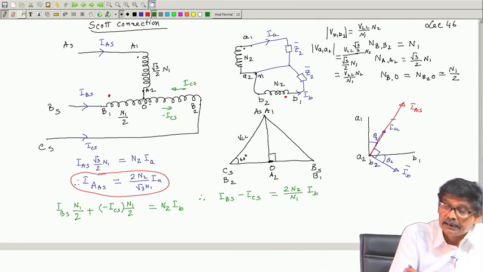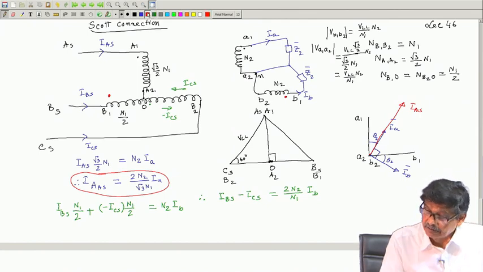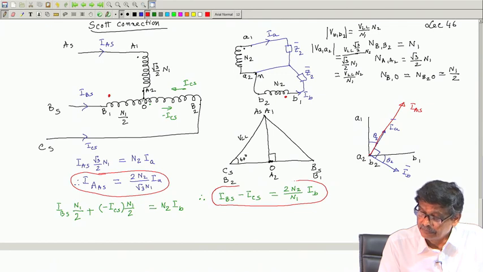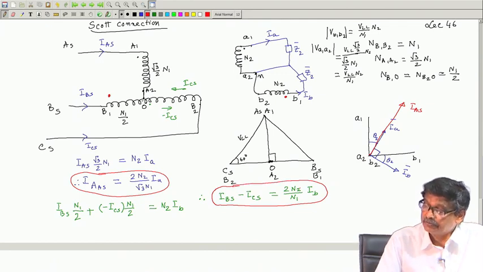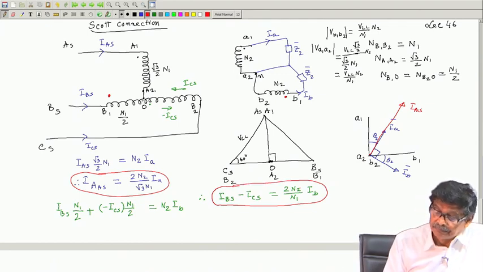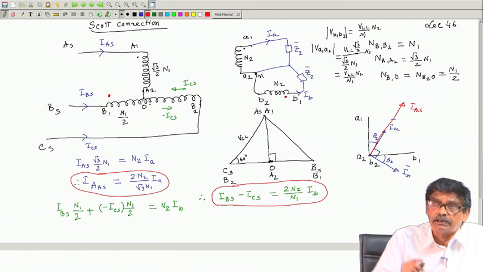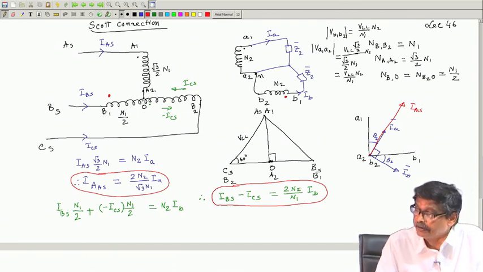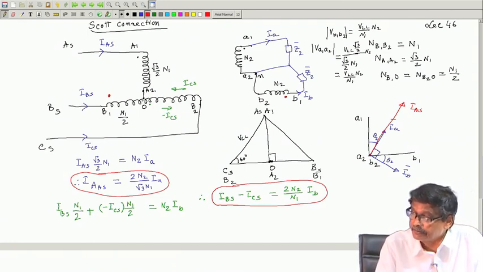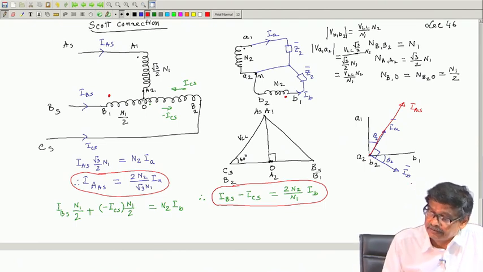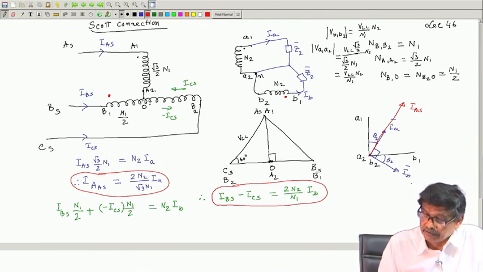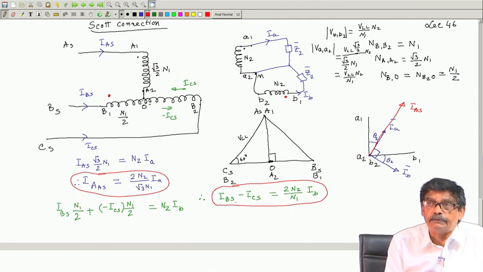So, this is another important equation, because IAS I already know and have drawn in terms of IA. I want to know in a similar way what will be IBS and ICS in terms of IA or IB, whatever it is, the secondary currents, because IA and IB are known, these blue colored phasors, from that we are trying to get. So, I require another equation.